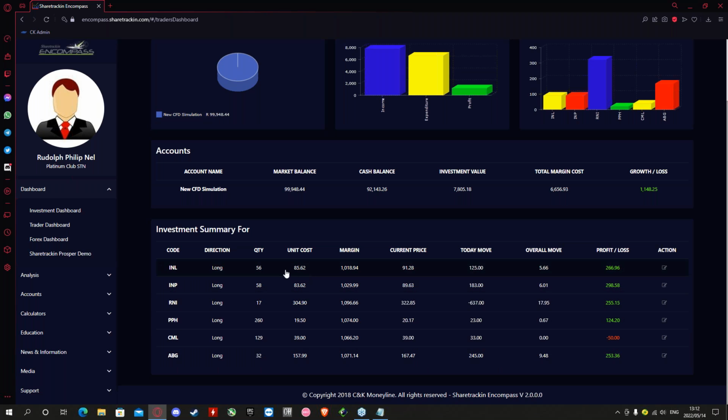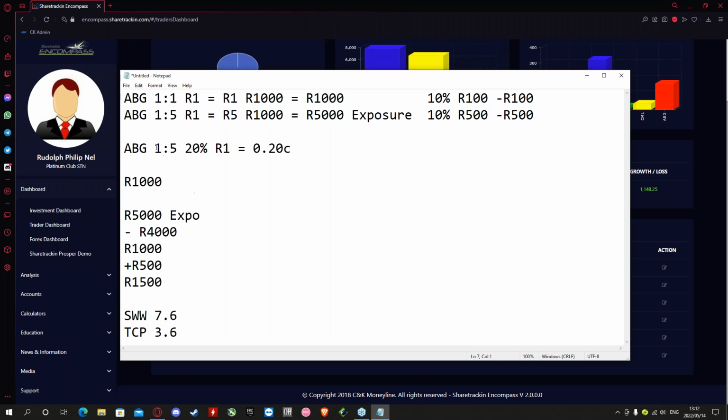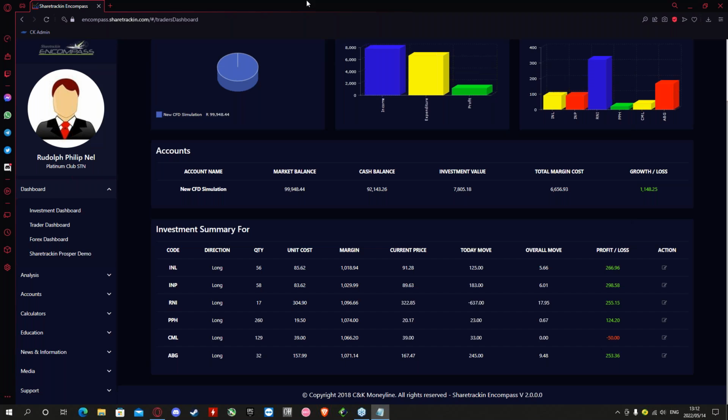Unit cost per share, so that's what it basically costs us. Let's say an INL costs 85 Rand per share, and then our current price is 91 Rand per share, and our margin was 1,018 Rand. Now this margin, all of these shares are worked out on a leverage of 1 to 5. Okay, so it's a 5% margin, a 5 on gearing, which means this, for instance, would have been just over 5,000 Rand worth of exposure.